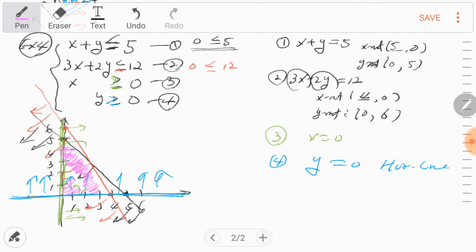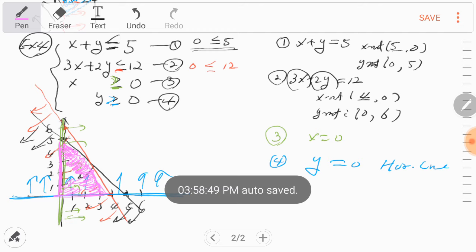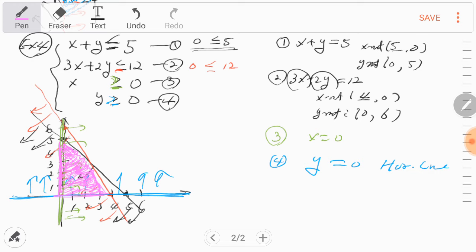So the solution should be this region. Okay, this is the solution of this system of linear inequalities.